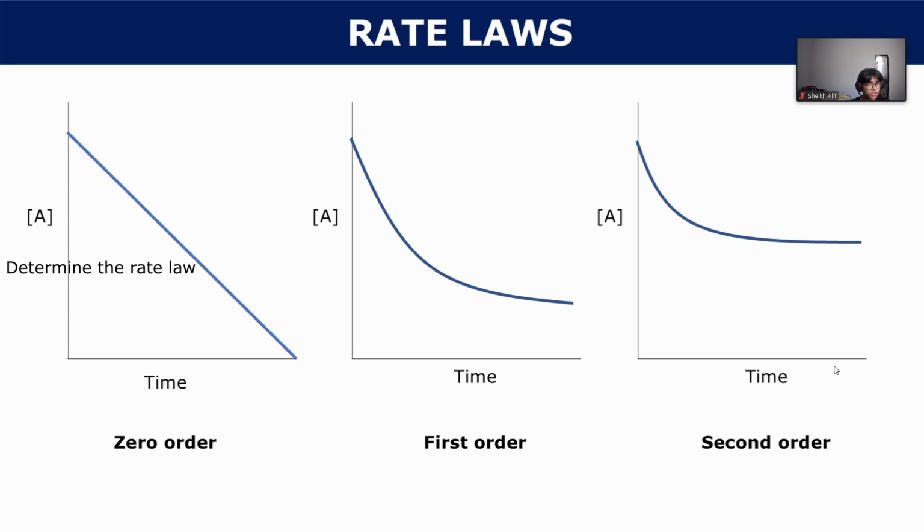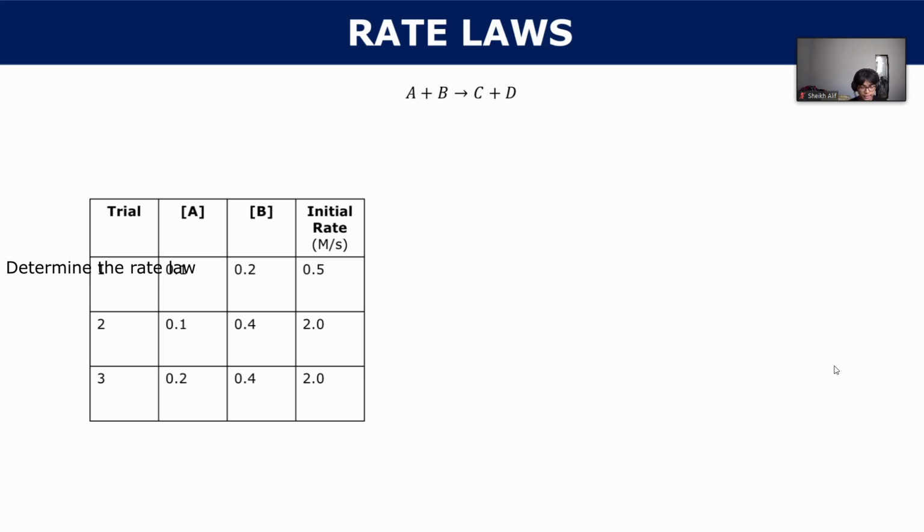So how would you actually go about determining the rate orders? Well, one way that you could do it is you could look at something like this trials table. So this is a method in which you do a couple trials with different concentrations of A and B, and you measure their initial rates. To find the rate order of, let's say, A, you would find instances where the concentration of B is held constant.